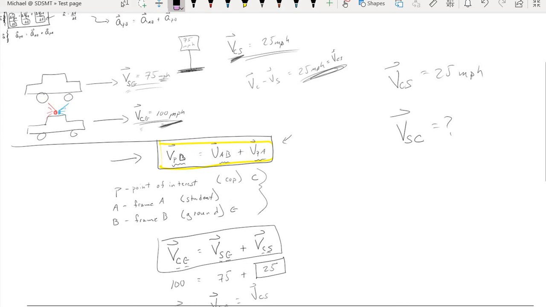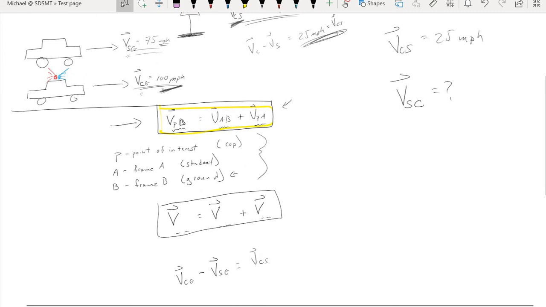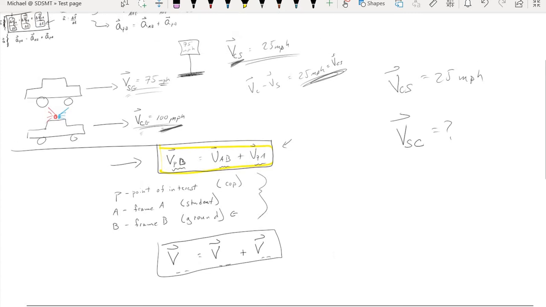So to make this work, we need to update the subscripts that we're using in our equation. So remember the point of interest. What is it that you're looking at? What is it that you want to measure? Well, we want to measure the velocity of the student with respect to the cop car.